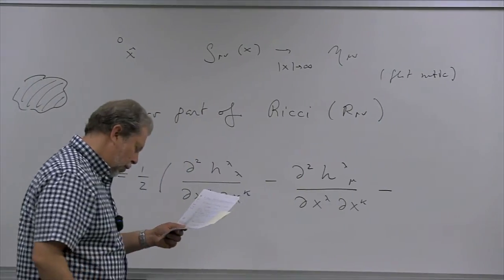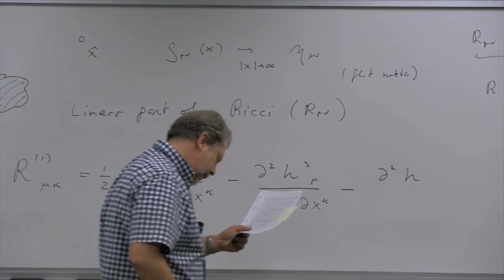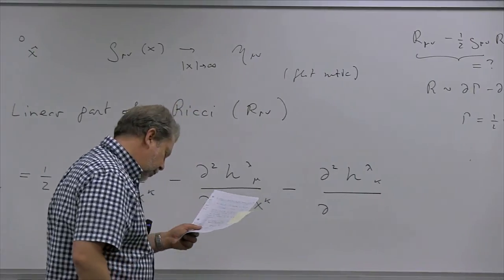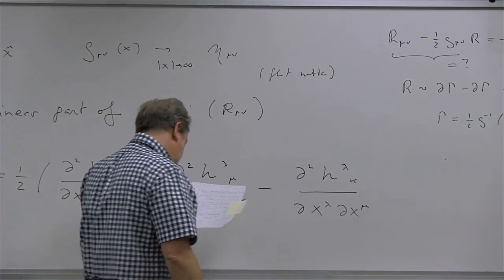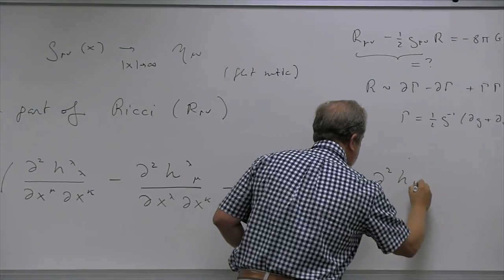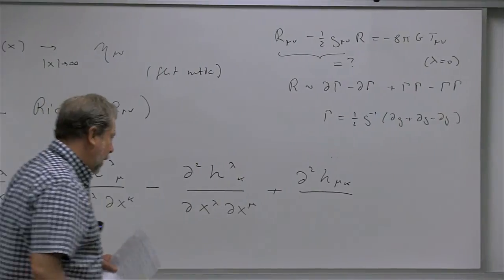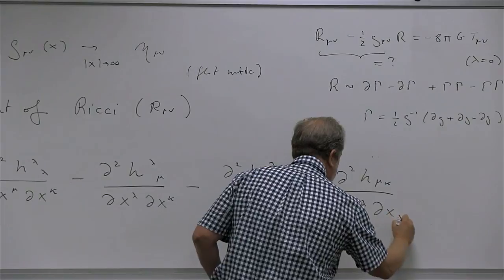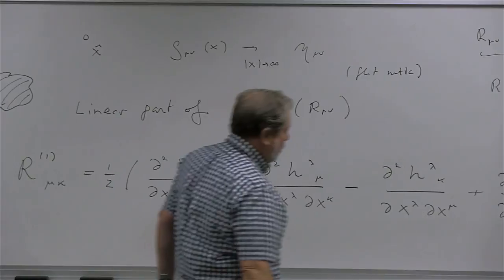And then another term, which is the second derivative of h^λ_κ with respect to x^λ and x^μ. And then plus the second derivative of h_μκ with respect to x^λ twice, one upstairs and one downstairs, and then close parenthesis.